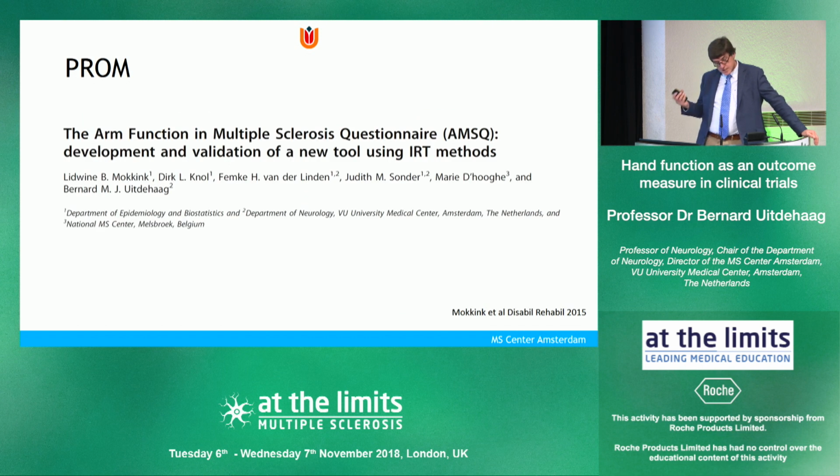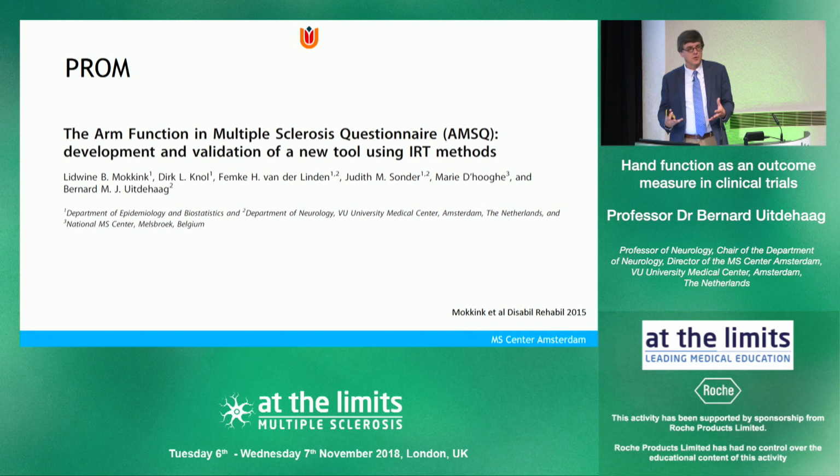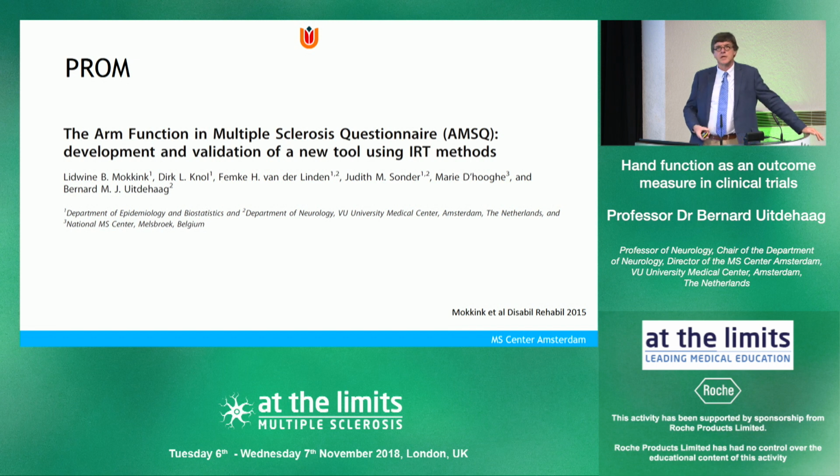There is, and this is definitely my other conflict of interest, also now a patient-reported outcome measure for arm function. We've developed that. There are also arm function prompts developed for, for instance, stroke and other circumstances. They have been used.